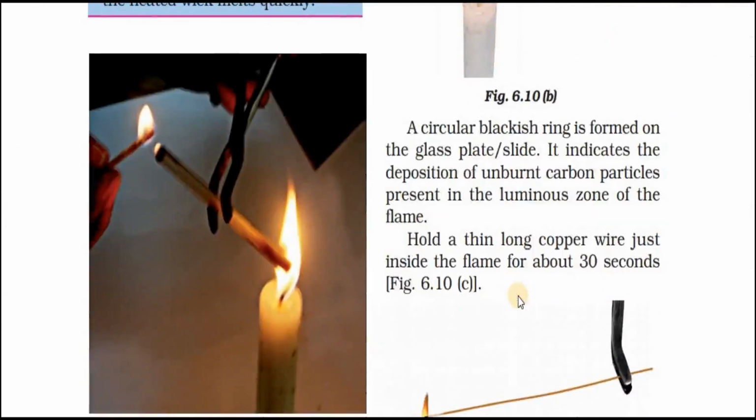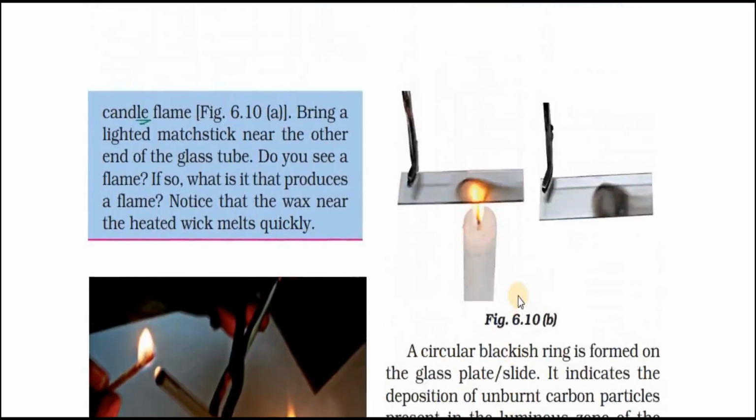We are holding a tube. See, candle is there, and we are inserting this tube into the dark zone, the middle part of the candle, in the inner part where it is red, and then we are holding a matchstick at the side. Then bring a lighted matchstick near the other end of the tube.